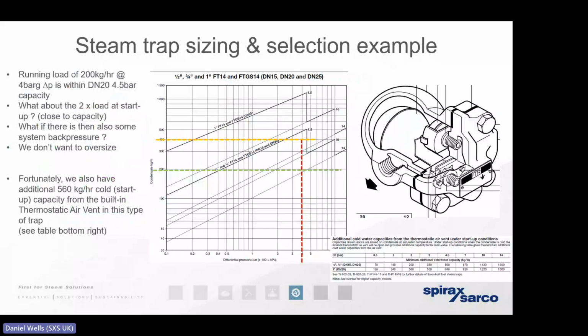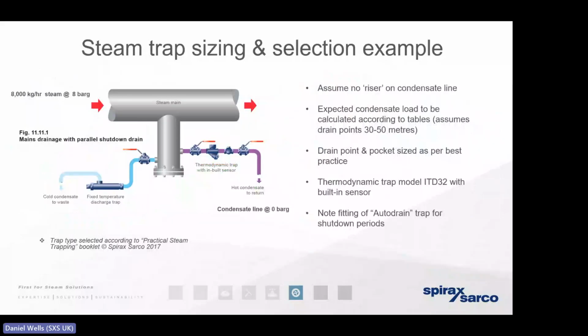The trap sizing methodology for removing the condensate from the infrastructure is slightly different, because we remember we've got a smaller mass that we need to remove, and the steam is going to exist at a higher pressure and a higher temperature. So on some occasions, many of our clients may have a second means of removing any condensate from the infrastructure. They may have that thermodynamic trap that we spoke about.